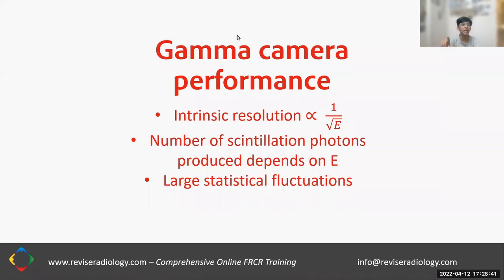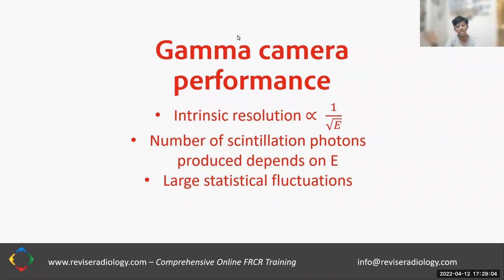If the energy of the photons is increasing, the square root, which is in the bottom, is increasing, so the number is actually getting smaller. What that tells you is that the resolution of the image is decreasing as the energy of the photons is increasing.